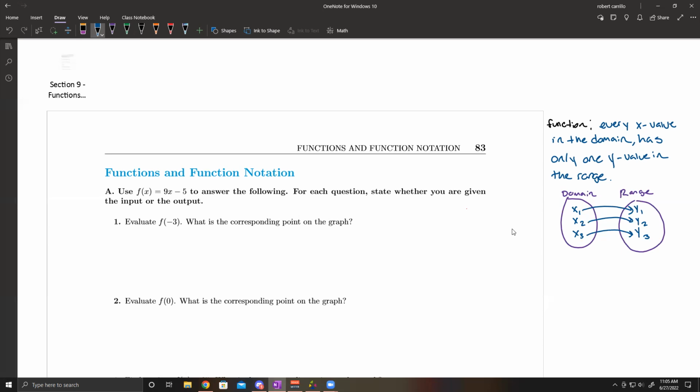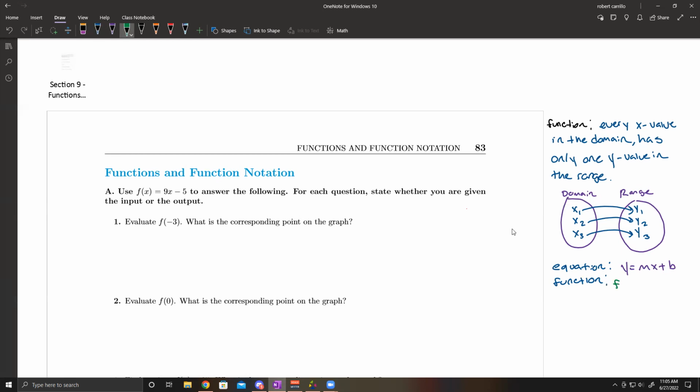Another thing about functions is, again, I said it's another way to represent an equation. An equation would look something like this, something that we're used to: y equals mx plus b. A function is going to look very similar, except now you replace y with f of x.